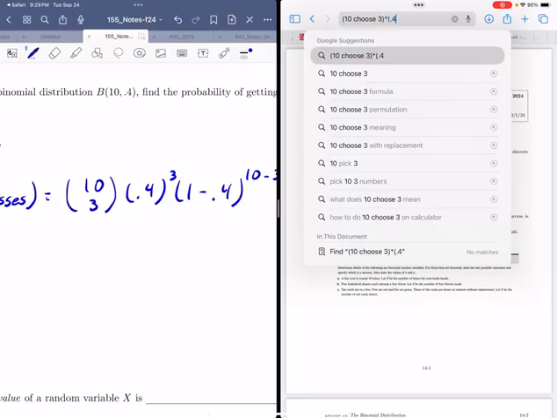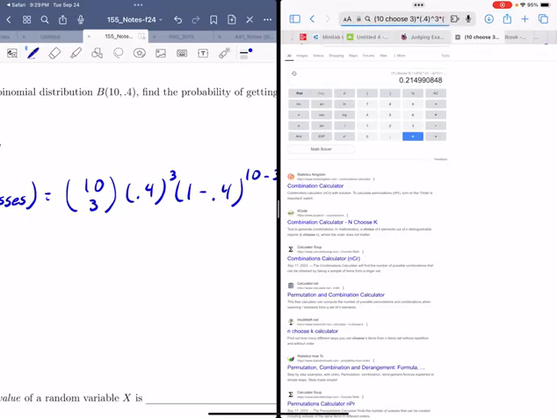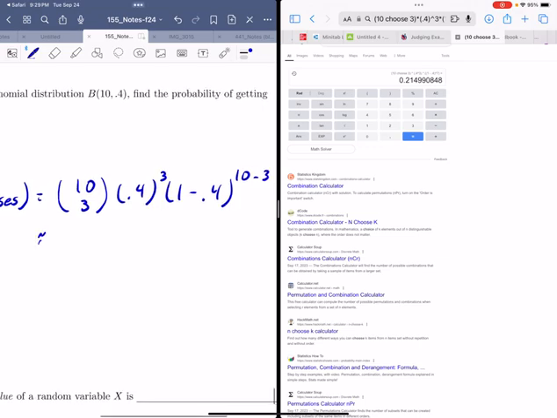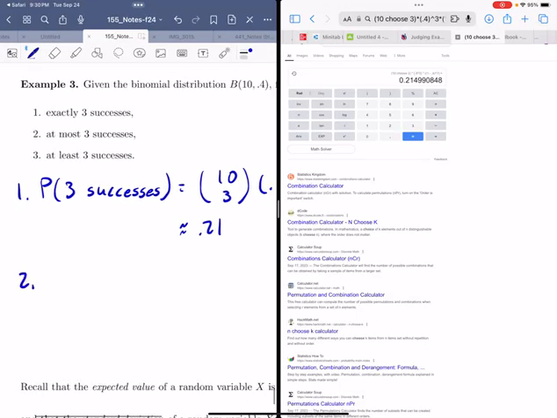Times 0.4 to the third times (1 minus 0.4) to the 7th. Make sure to use parentheses appropriately, right? 0.21, right? So that's what we're getting here. It's approximately 0.21, okay? It's the probability of exactly 3 successes.